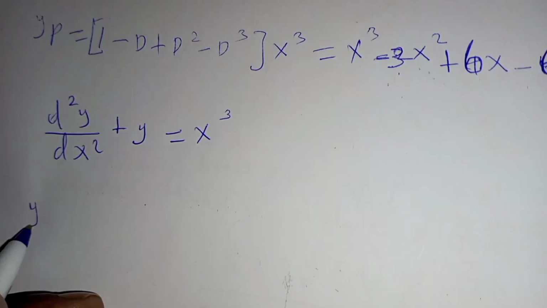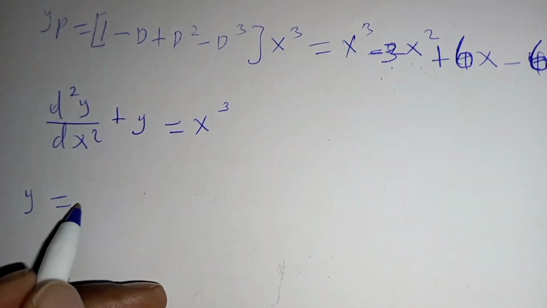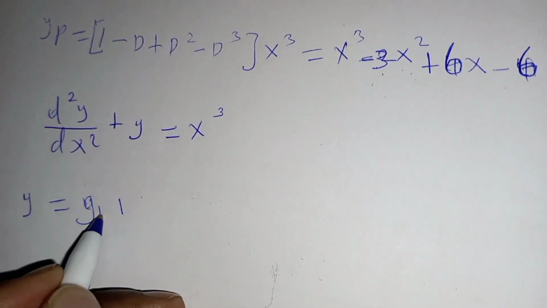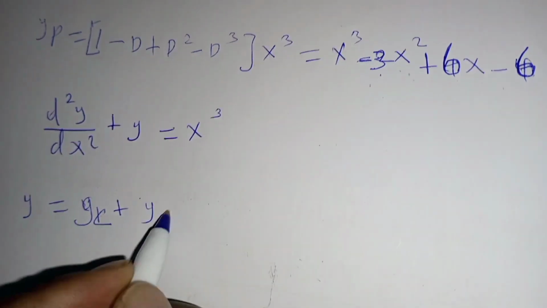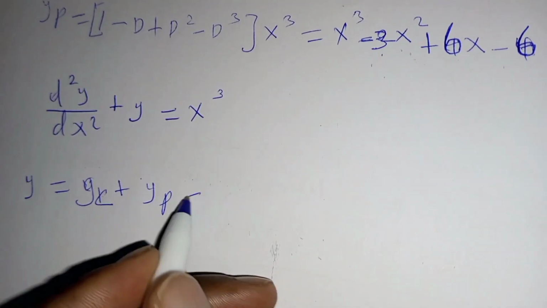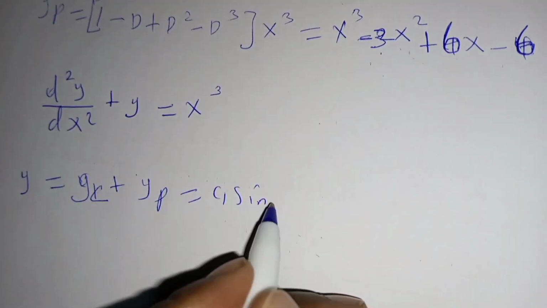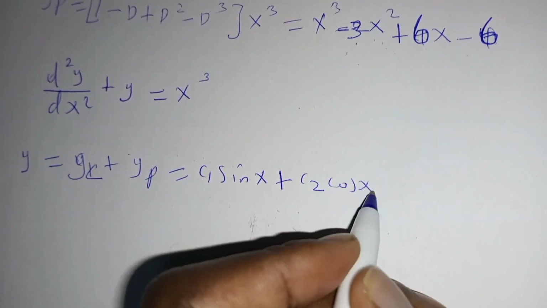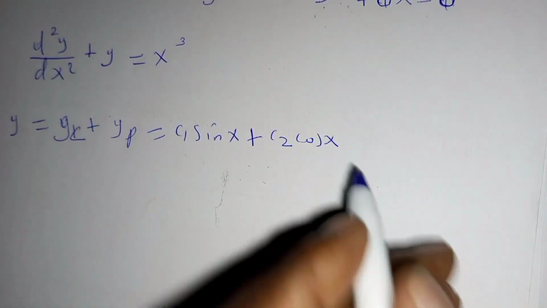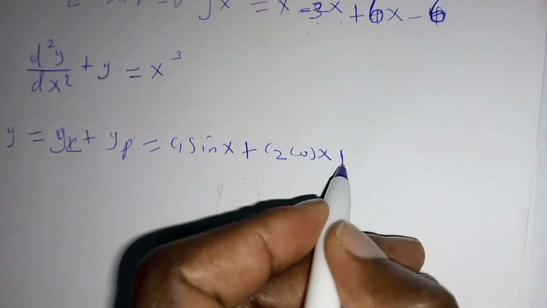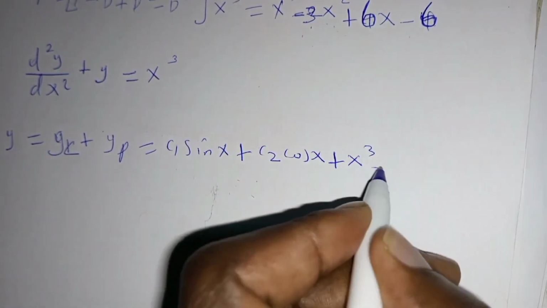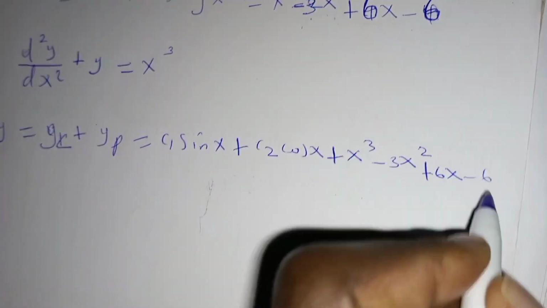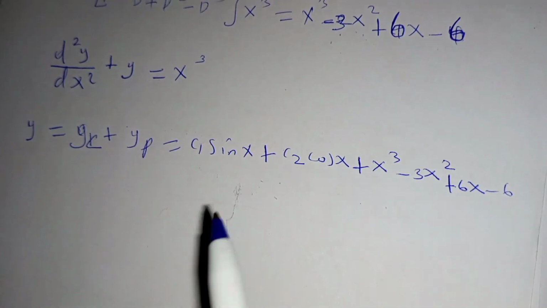So our solution of this one will be y is equal to y complementary plus y particular, which is equal to c1 sine of x plus c2 cos of x plus x cubed minus 3x squared plus 6x minus 6. So that is the solution of our given ODE.